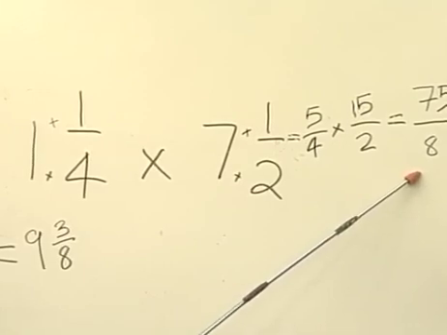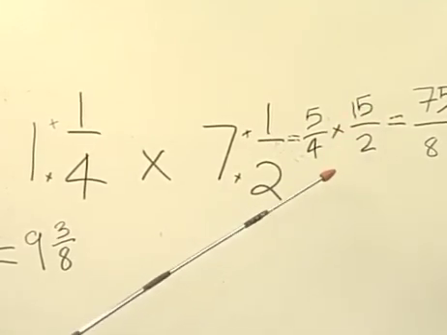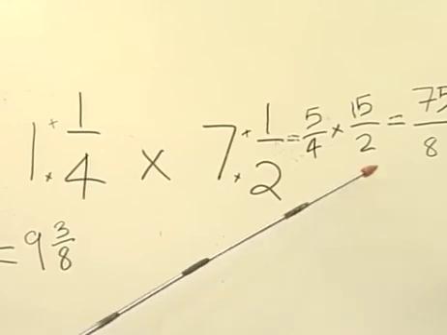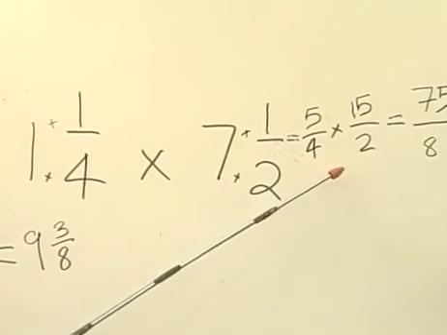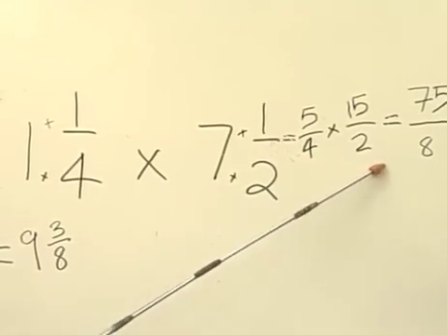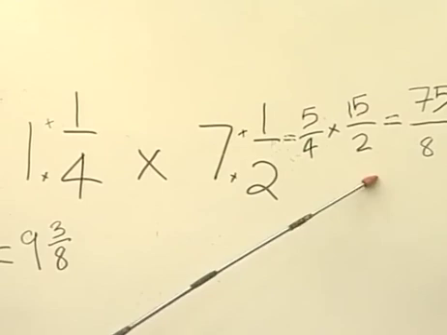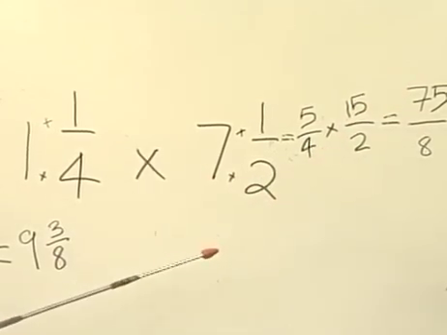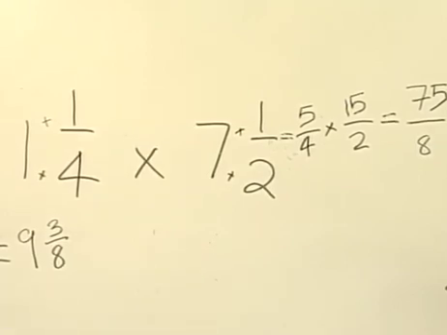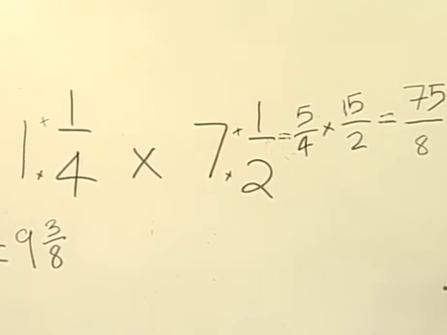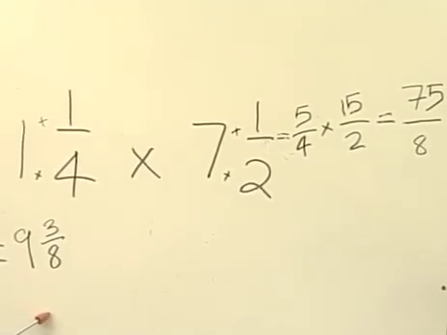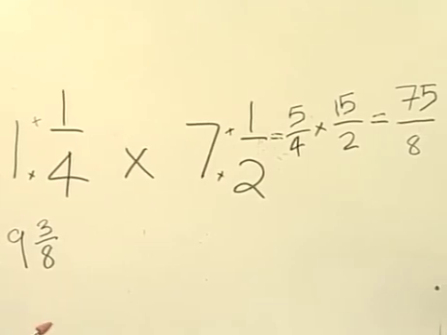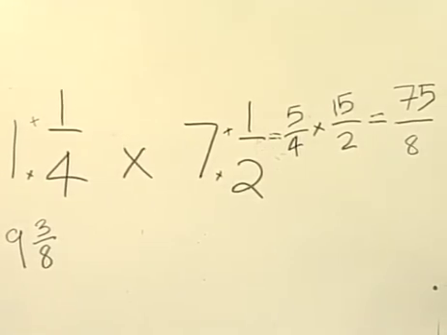Are there any common factors where you can divide evenly? No. So what did she do? She multiplied the numerators and the denominators, so her answer was 75 over 8. What type of fraction is that? Improper fraction. So she had to simplify or change it into a mixed number.